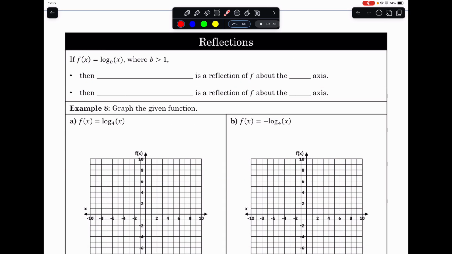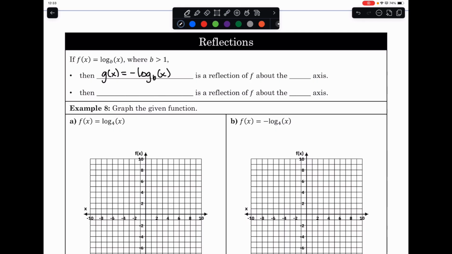We'll begin with reflections. So here we have a log function, in that format that we talked about earlier, log base b of x, where b is going to be some number greater than 1. And we want to do a reflection. So if this is our log, then the function, let's call it g of x equals negative log base b of x.